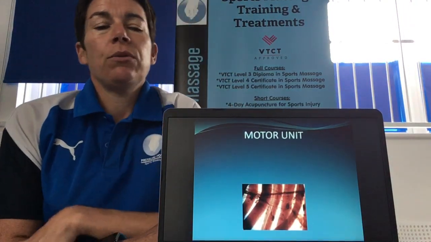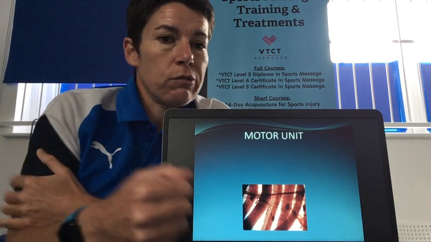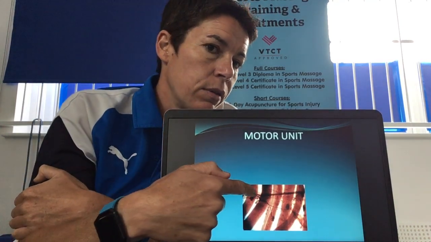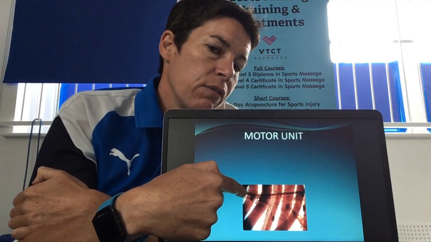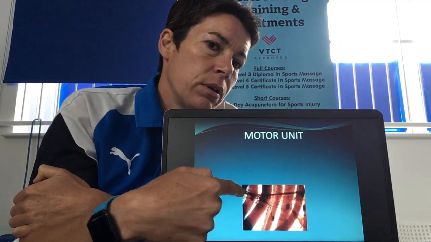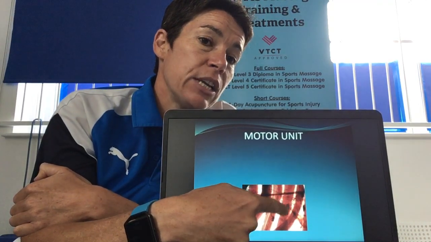Now, what is a motor unit? This is an actual microscopic image. This black thing coming in is a nerve. So the nerve comes in and it will split up into tiny little nerve fibres, and it will go to each one of these.